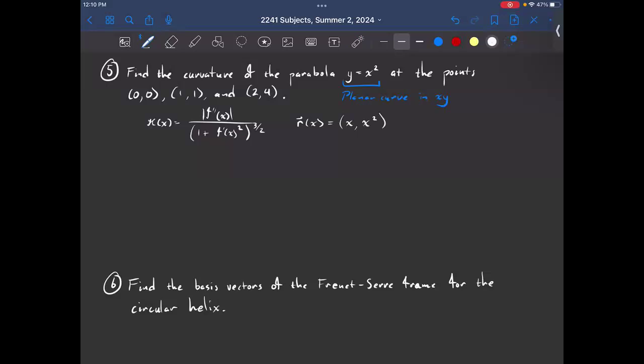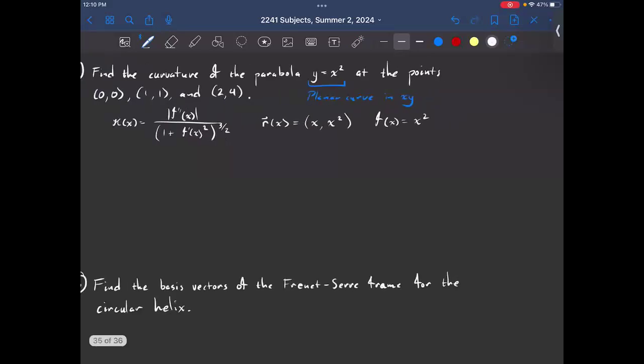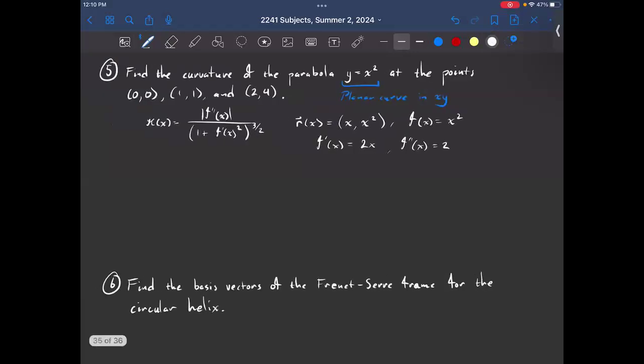Okay, so f of x is x squared, and now I just need to find f prime and f double prime, plug them into kappa, and we'll be good. So f prime of x is 2x, f double prime is 2, and we can pop them right in here, and we get the absolute value of 2 divided by 1 plus (2x) squared to the 3/2 power.